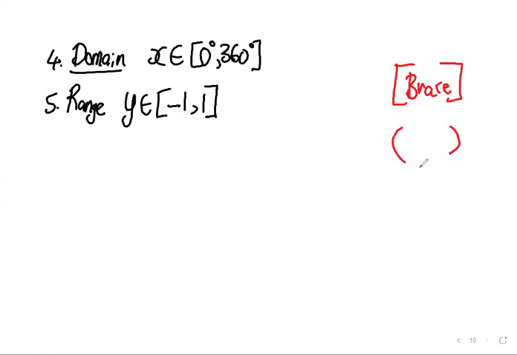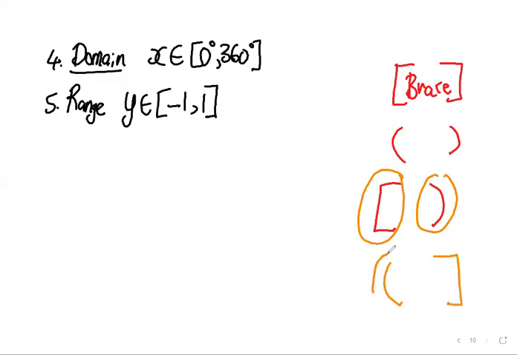In an exam, sometimes you have a brace and another small bracket. In simple interpretation, this one knows where the graph starts but doesn't know where it ends. Sometimes they write it like this: small bracket and brace. This one doesn't know where the graph started but knows where it ends. Those are the things you must know as a grade 10 learner.